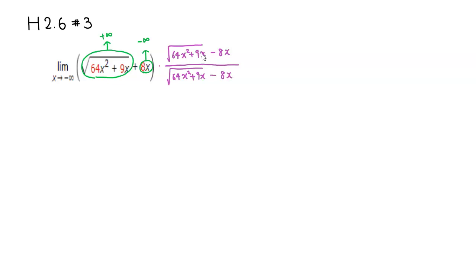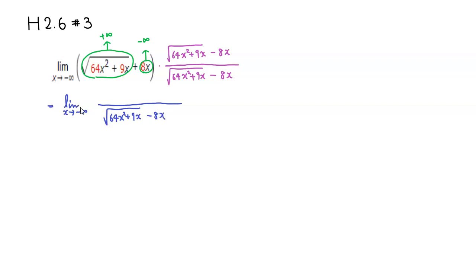If you multiply out, this is what you're going to get. The limit as x approaches negative infinity, and the denominator is exactly the same: the square root of 64x squared plus 9x, minus 8x.